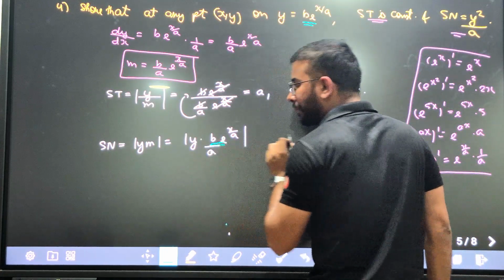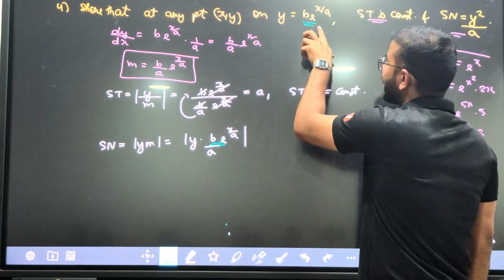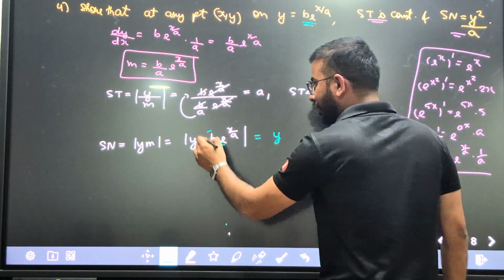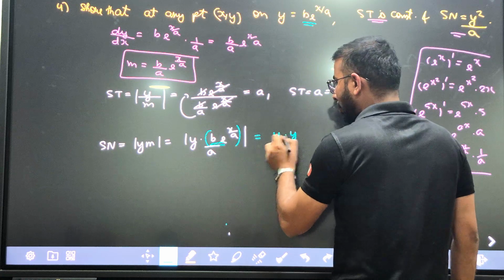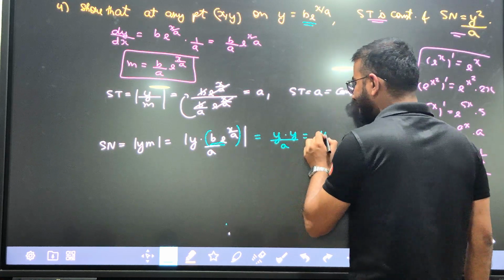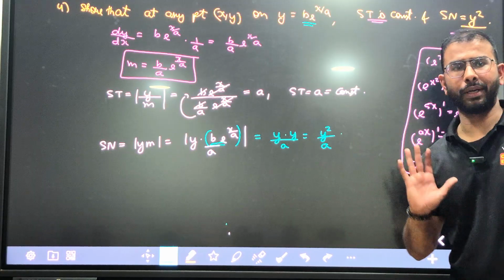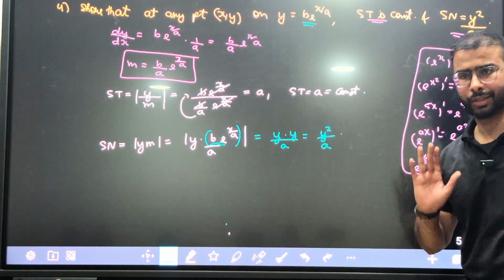So this b into e power x by a is y, no? So y first as it is, now this part will become y whole divided by a. So what I'll get is y square by a. That's what you need to prove. It's so simple. Okay? Making sense?